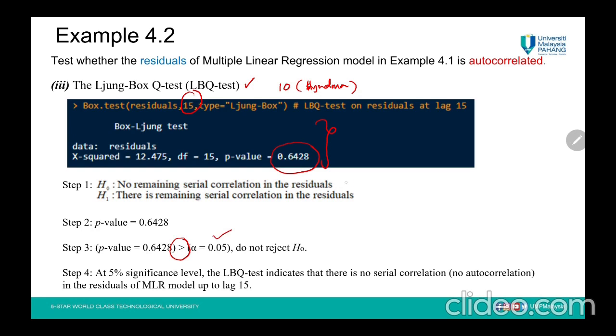Step 4, for the conclusion, we can say at 5% significance level, the LBQ test indicates that there is no serial correlation or no autocorrelation in the residuals of the multiple linear regression model up to lag 15. Lag 15 here because for this case, we use K max equal to 15. If we use lag 10, we need to change this to 10.